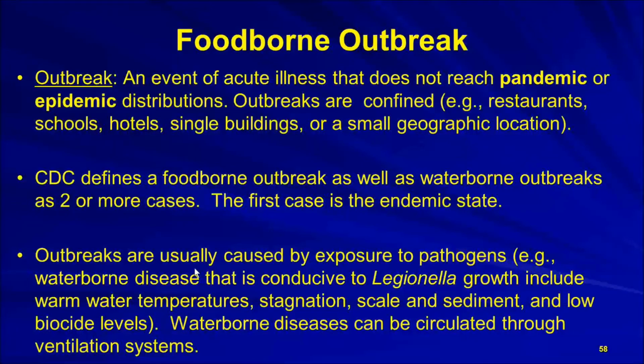As you notice, in number 2, we talk about foodborne and we talk about waterborne. Legionnaire's disease was a waterborne disease, and it occurred in a hotel in Pennsylvania due to warm water temperatures, stagnation, scale and sediment, and low biocide levels, and it was in the ventilation system.